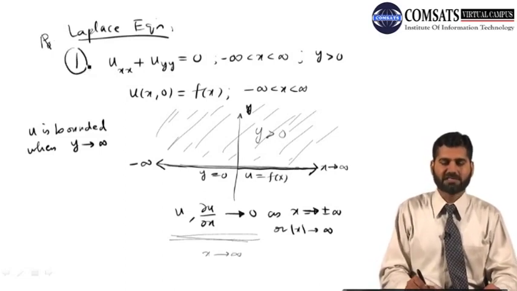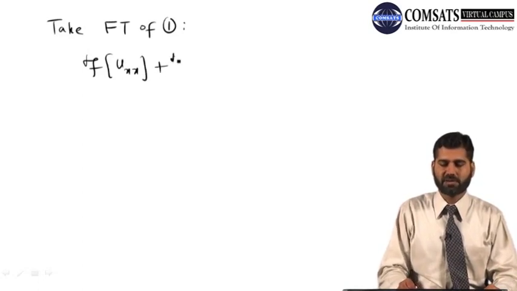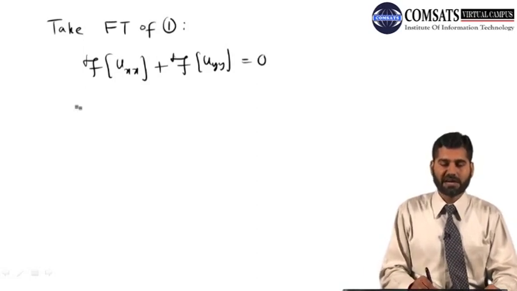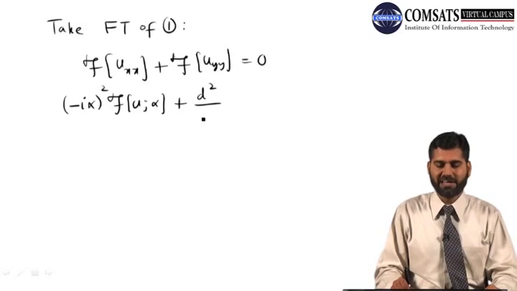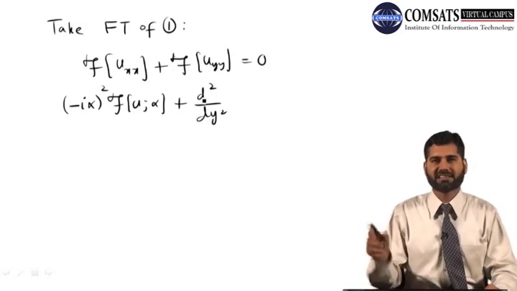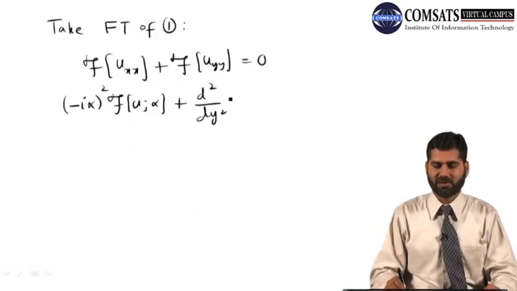All right, so let's take the Fourier transform of equation 1. You will get Fourier transform of u_xx plus Fourier transform of u_yy is equal to 0. Fourier transform of u_xx is minus alpha squared times the Fourier transform of u, but the y part will become d²/dy², because y does not fulfill these conditions as y goes to infinity.